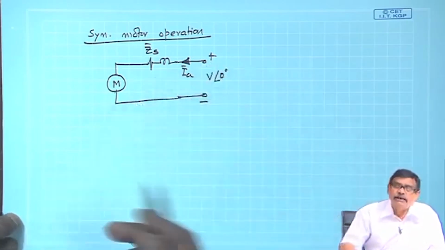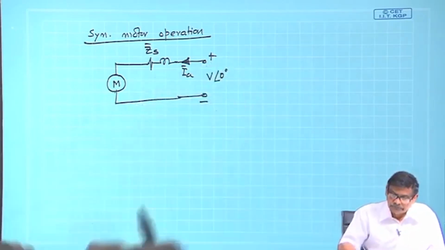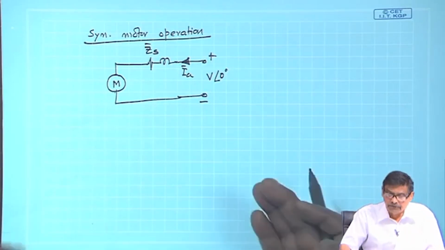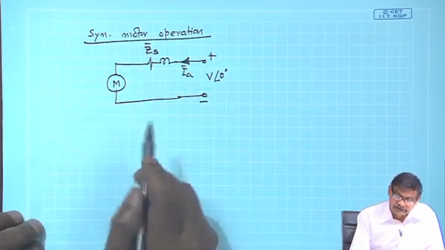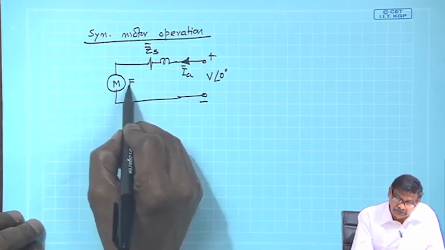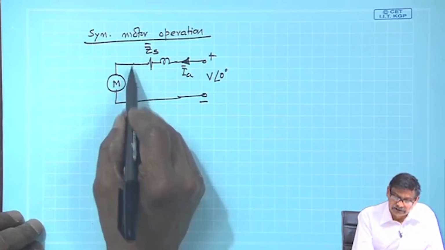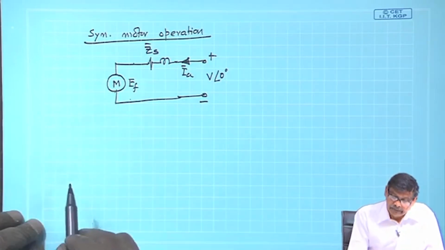So, IA I will assume consistent with the supply voltage which is supplying the motor. This will be the thing, and this voltage will be your Ef, the voltage between these 2 points.